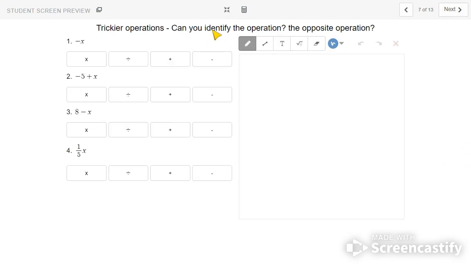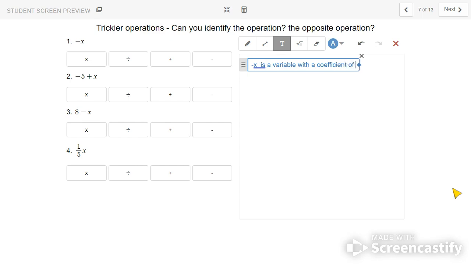All right, let's do a couple of trickier operations. First one, negative x. Is this addition, subtraction, multiplication, or division? I want you to think back. Negative x is a variable with a coefficient of -1.